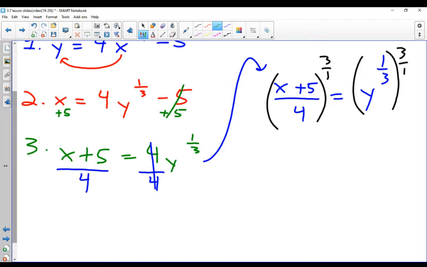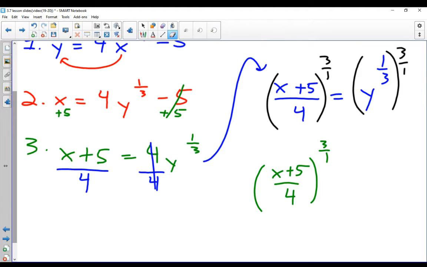On the left side of the equation, you'll have x plus 5 to the 4th, all to the power of 3 over 1. But technically, you don't need to write 3 over 1. That's just 3. But then on this side, you have 1/3 to the power of 3.